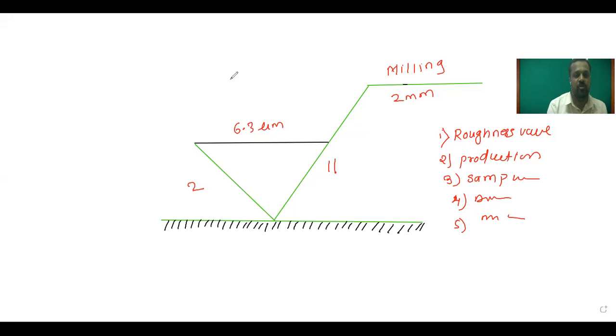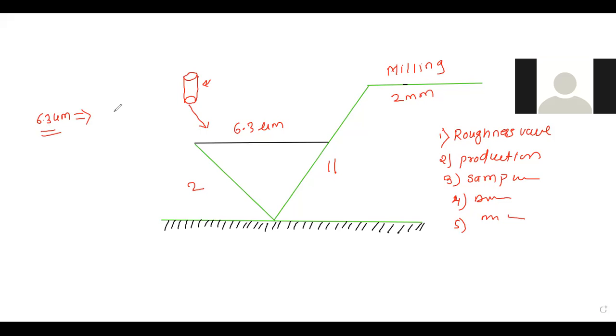And suppose we have to manufacture a bottle like this. For manufacturing this bottle we have given this symbol. Please tell me what is the meaning of this 6.3 micron. What does this value indicate?